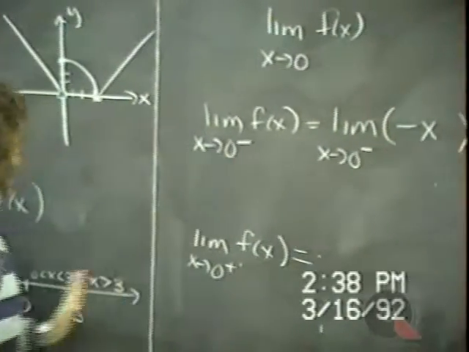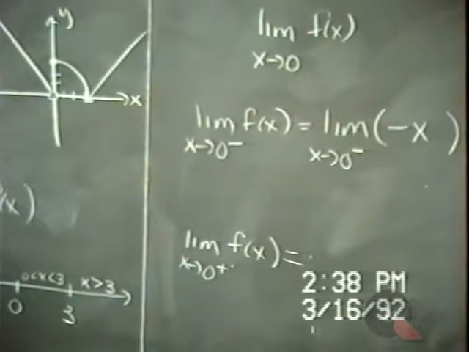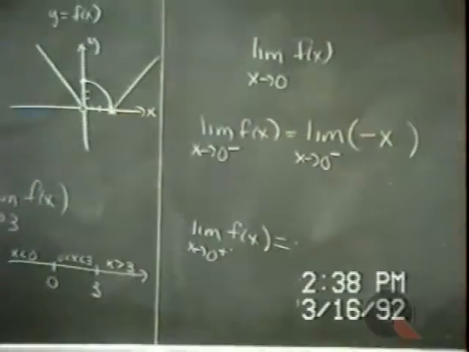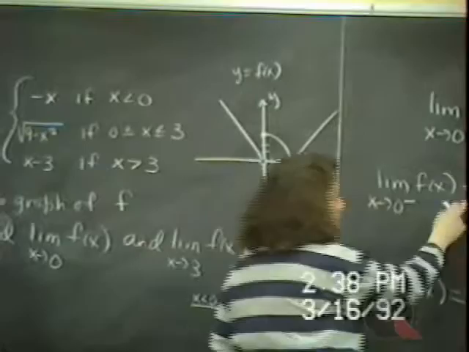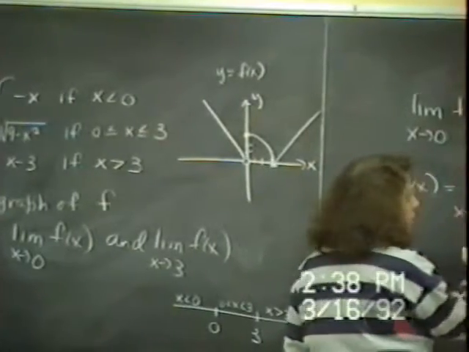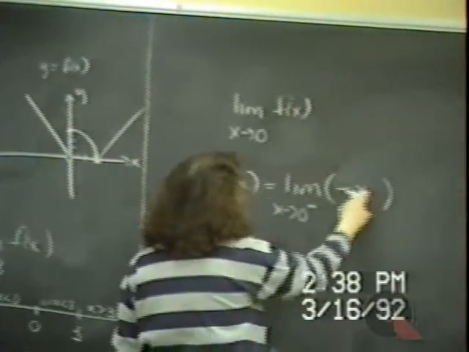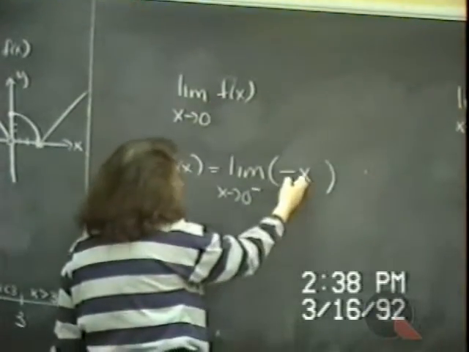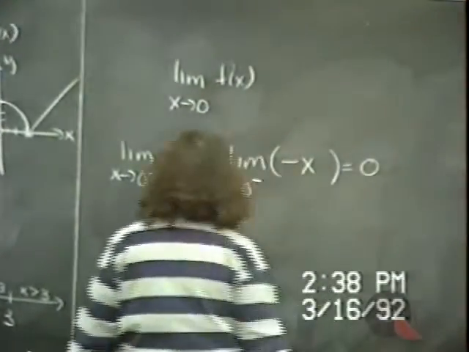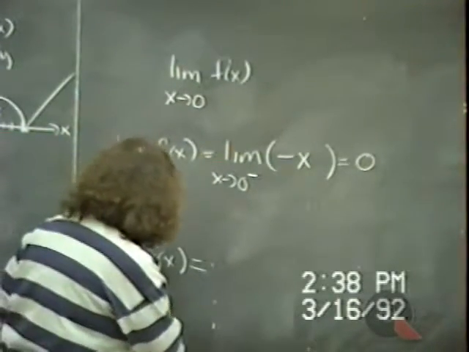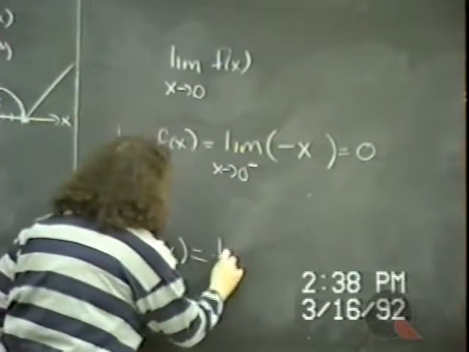As you approach 0 from the left side, you are less than 0. So you take the part of the function that's less than 0, which is minus x. You substitute that for minus x, and now you evaluate your limit as always. What's the limit of minus x as x approaches 0? You let x be 0, minus 0, or 0. Now, the limit of f of x as x approaches 0 from the right.